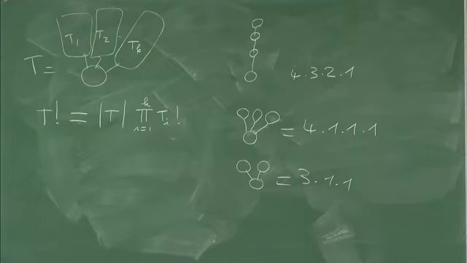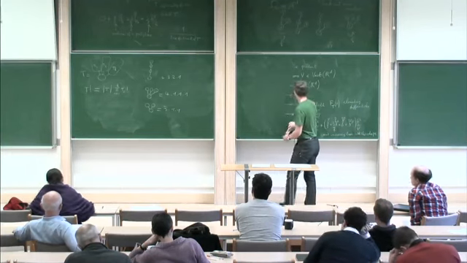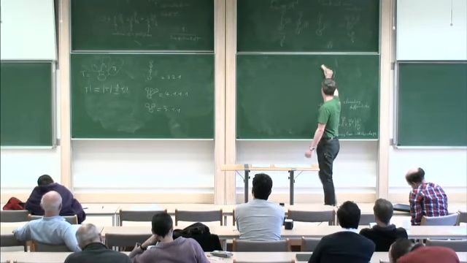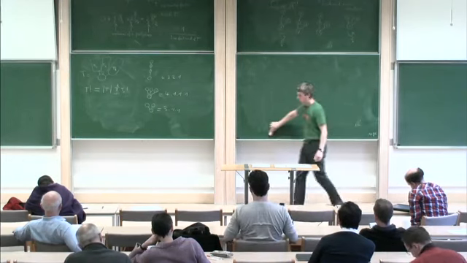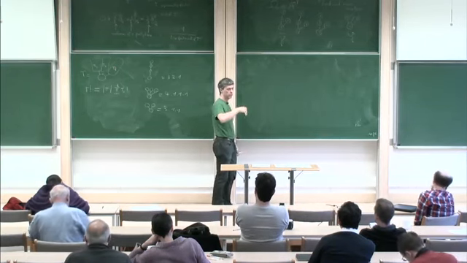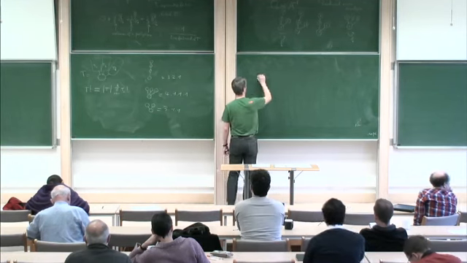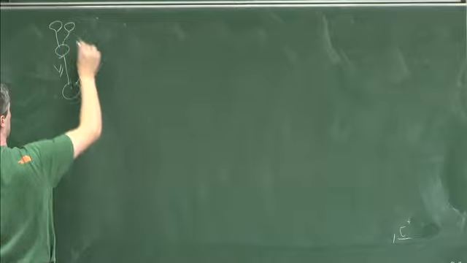Now, what about the polytope? Well, we can see a tree as a partial order, simply by saying that the smallest is at the bottom, and so a partial order increasing from bottom to top.